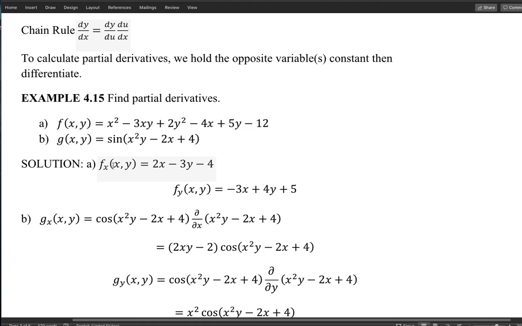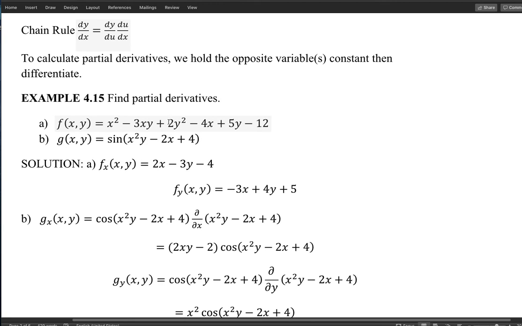So to calculate the partial derivative with respect to x, df dx, or simply f sub x, you are going to consider the other variable as a constant. So x squared gives derivative 2x, and then y as a constant. I have 3y together. 3y times x, the derivative is just 3y.